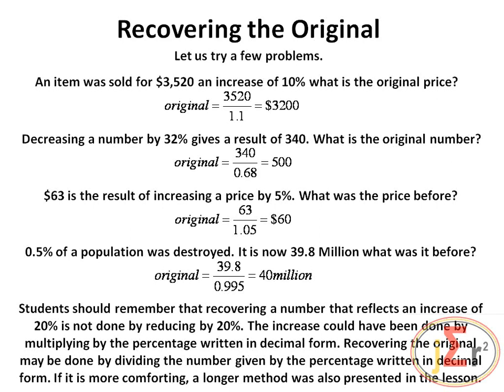So if when we are increasing or decreasing, we multiply by the percentage in decimal form, that means when we are going to go back to the original, we are going to divide by the percentage given in decimal form. If it is more comforting, a longer method was also presented in the lesson, so you may use that longer method also.